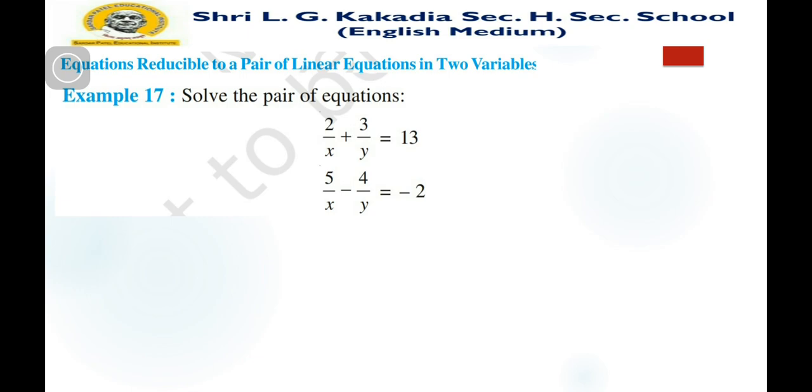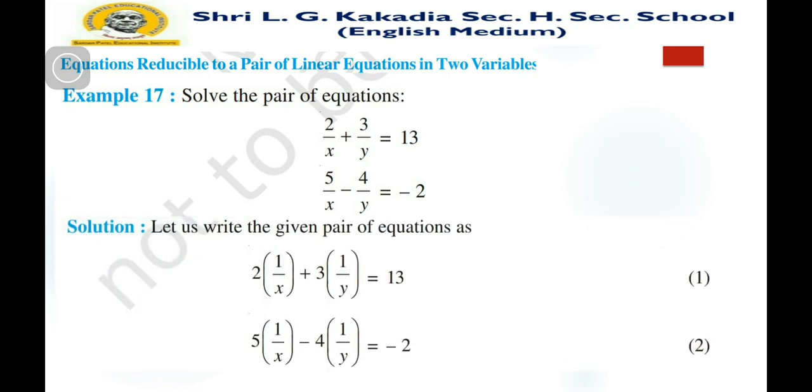So we have to assume some values in place of the given variables. First let me reduce it to a linear equation. You can see that we can write 2 upon x as 2 into (1 upon x).